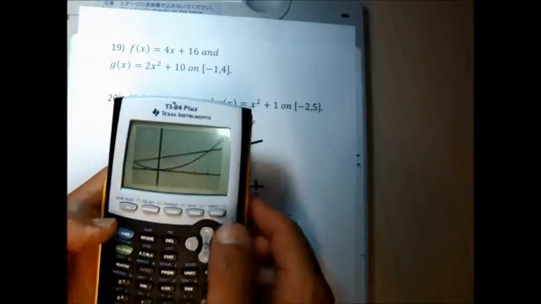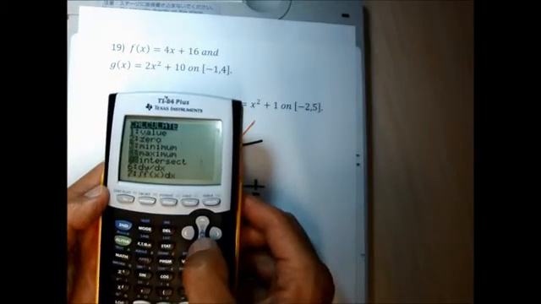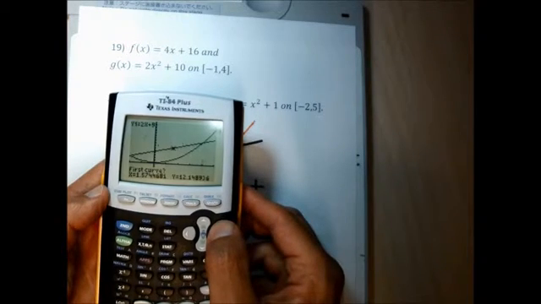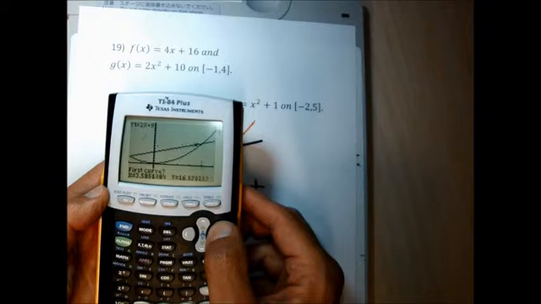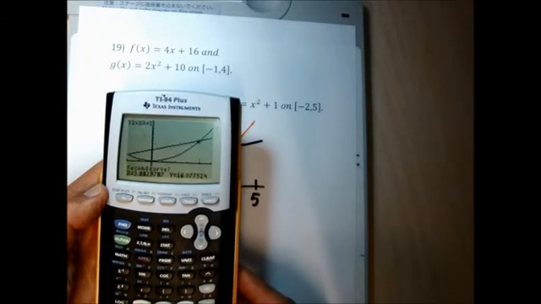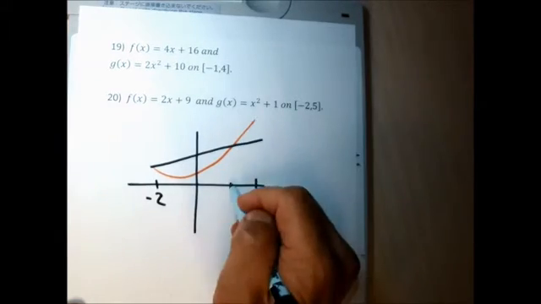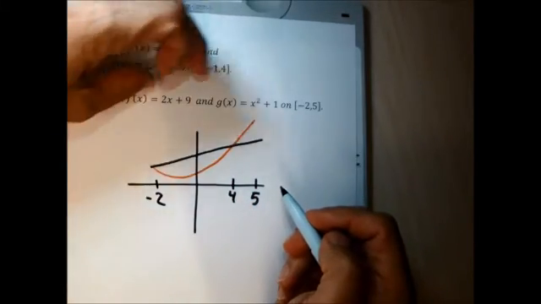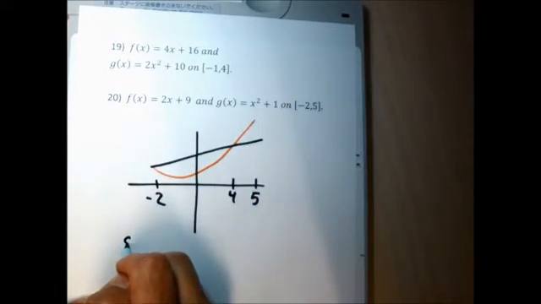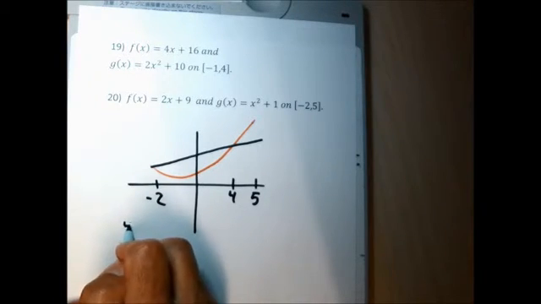So find this intersect: go second calc intersect, trace as close as you can to where they hit, then hit enter 3 times. So enter, enter, enter. Luckily enough, I get a nice value there. That's a value of 4. So the first integral is going to be from -2 to 4.